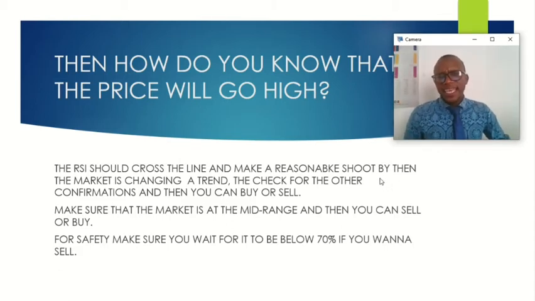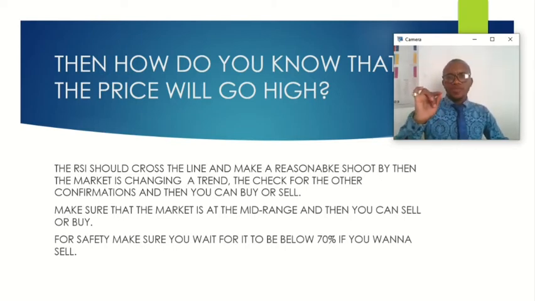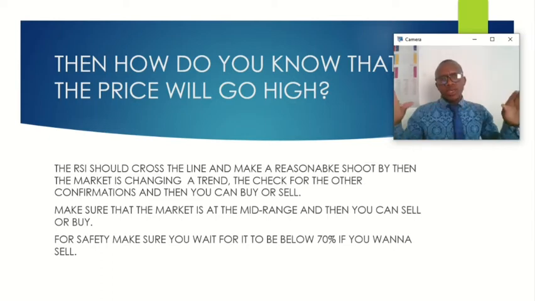Then the market shows that it's going to change the trend. Then we can check the other confirmations that will assist the RSI to buy or to sell. Those are the things you need to consider, and you should make sure that the market is at the mid range. Then you can place yourself.